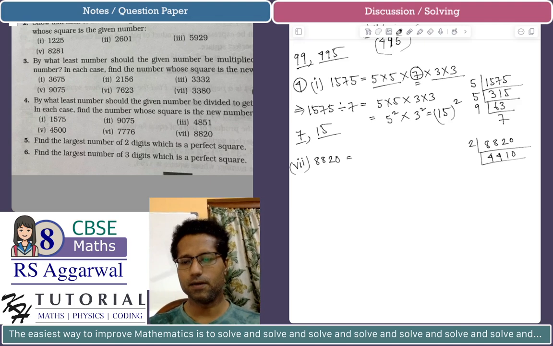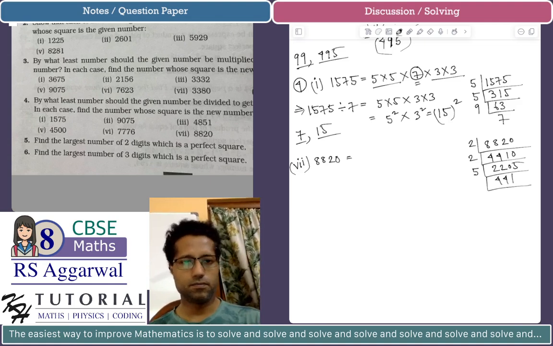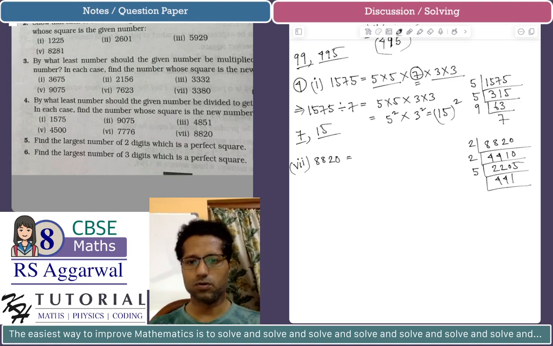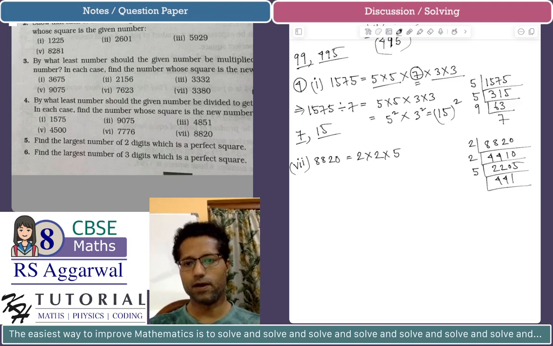Again let's divide by 2, so 2205. Then let's divide by 5. We have 441. Now 441 we know. So this is 2 multiplied by 2 multiplied by 5 multiplied by 441.